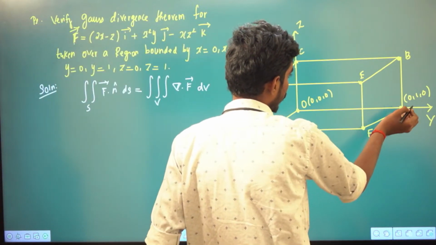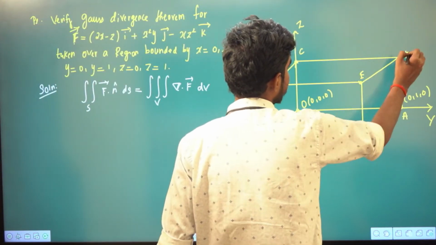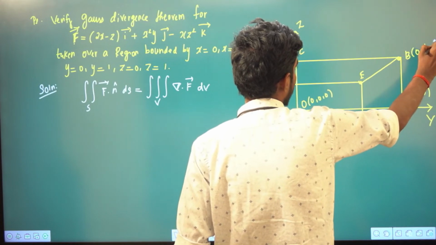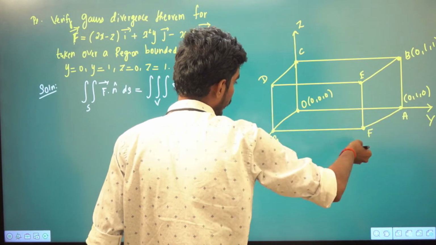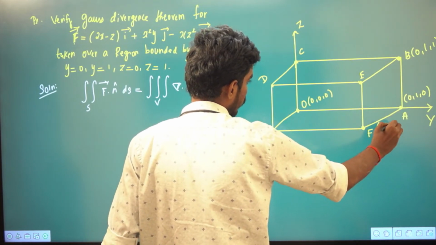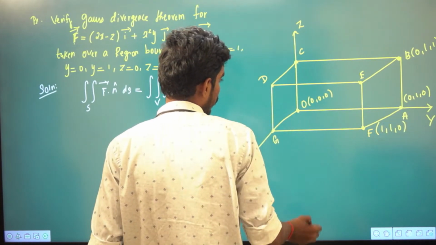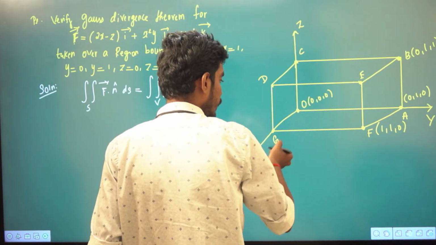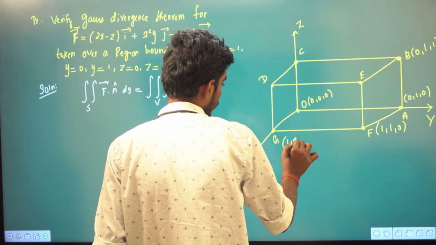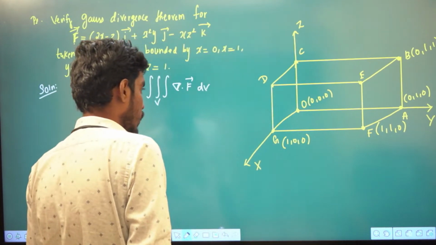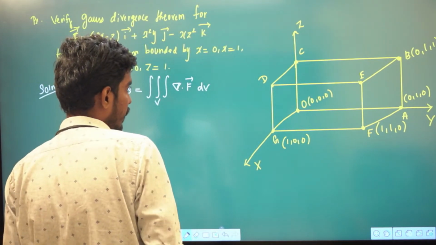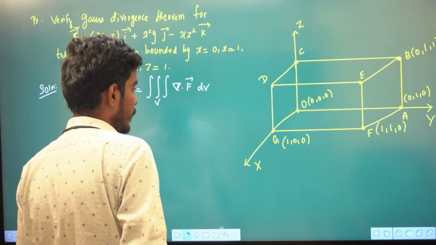From 0, 1, 0 we are moving in Z, so it will be 0, 1, 1. From 0, 1, 0, we are moving 1 unit in x-axis, so 1, 1, 0. And from 0, 0, 0, we are moving 1 unit in x-axis, so it will be 1, 0, 0.